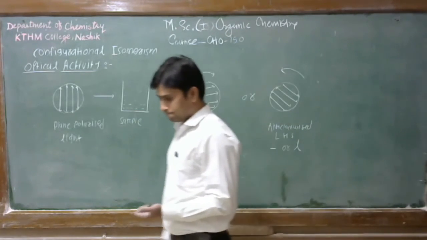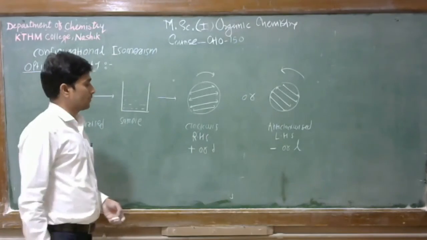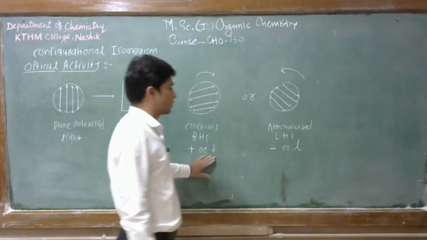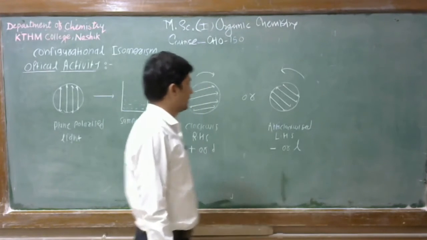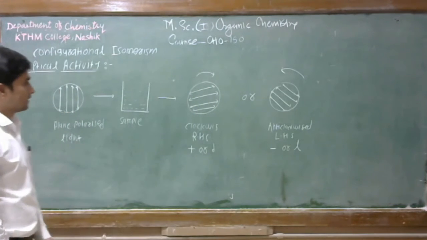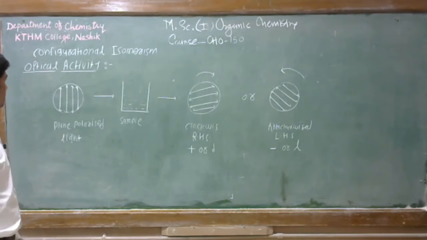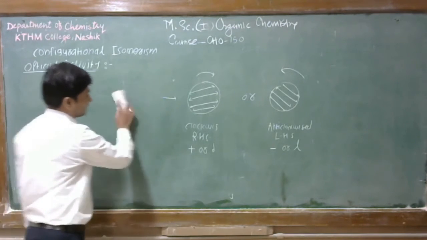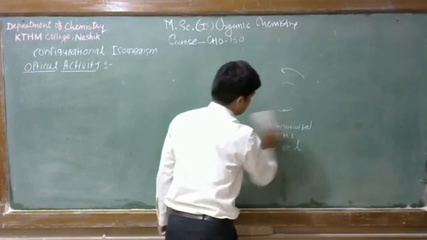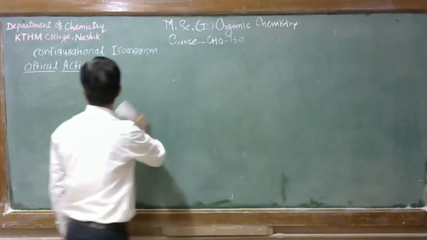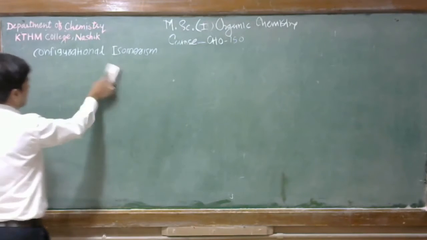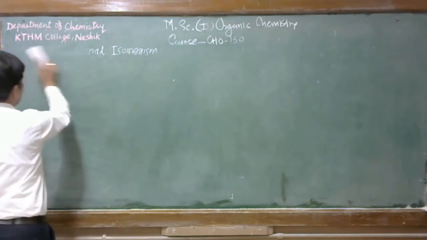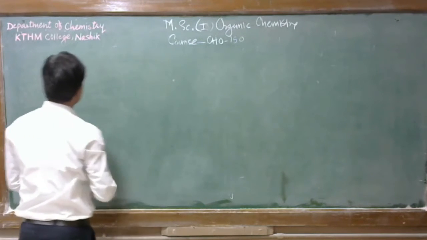For this identification, theoretically, there is one method given by the scientists Cahn, Ingold and Prelog. This is known as the Cahn, Ingold and Prelog system for the identification of R and S configuration.